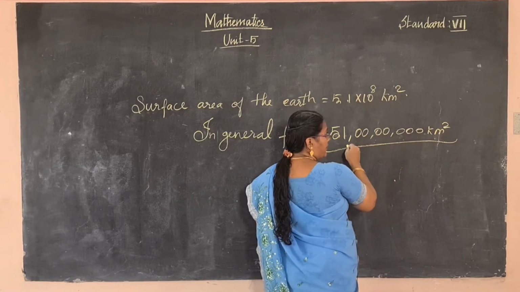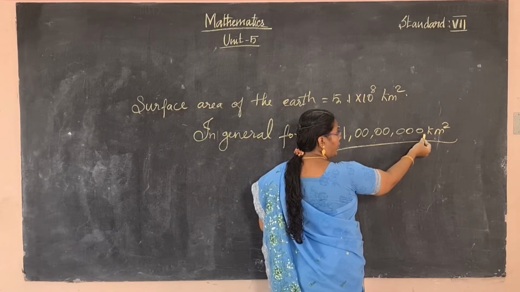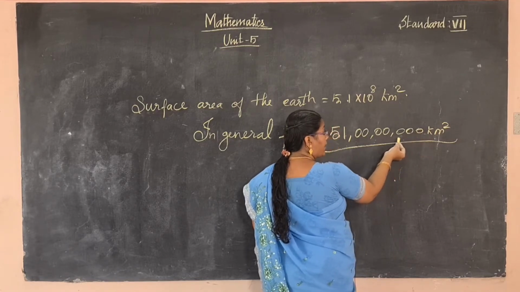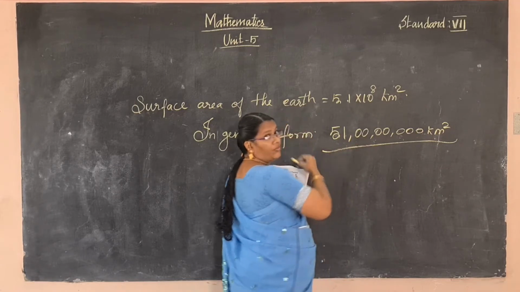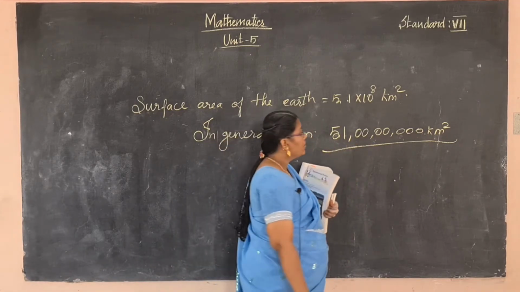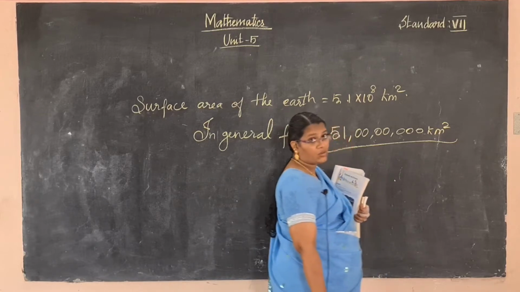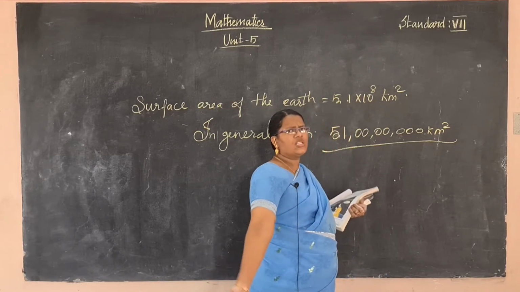How can you say the 51 crore? Ones, tens, hundreds, thousand, 10,000, lakh, 10 lakh, 1 crore, 51 crore. Okay, so 51 crore kilometer square.